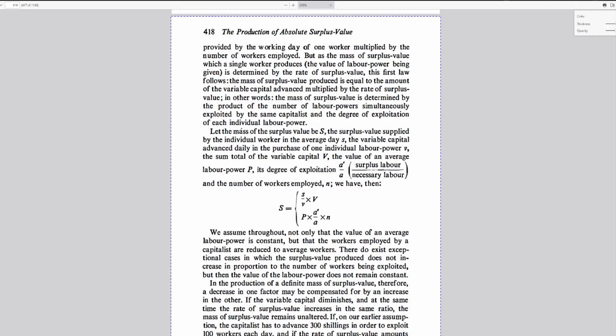The first law is that the mass of surplus value produced equals the amount of variable capital advanced multiplied by the rate of surplus value. In other words, the mass of surplus value is determined by the product of the number of labor powers simultaneously exploited by a capitalist and the degree of exploitation of each individual labor power.